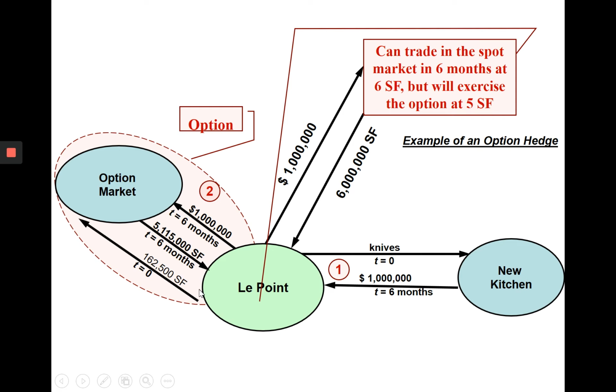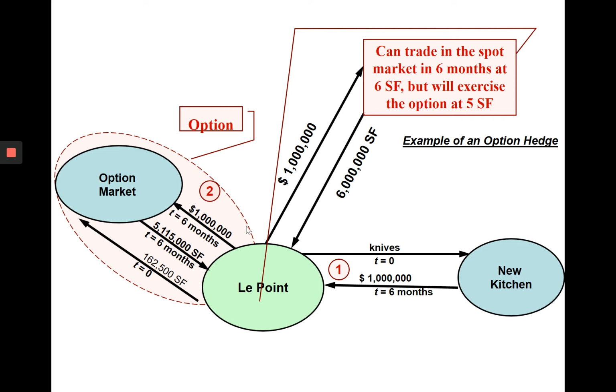However, there is this additional cash flow that goes from the company to the option market today at time 0, and that's 162,500 Swiss francs, total cost of this option premium and brokerage fees, transaction cost.